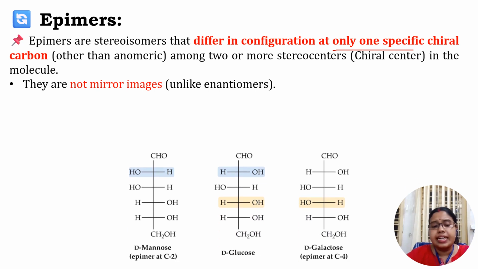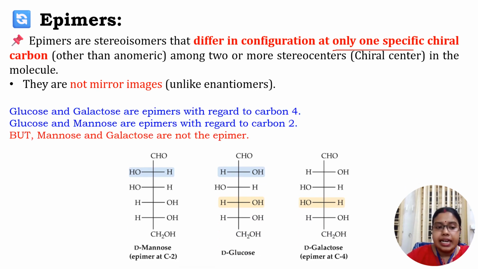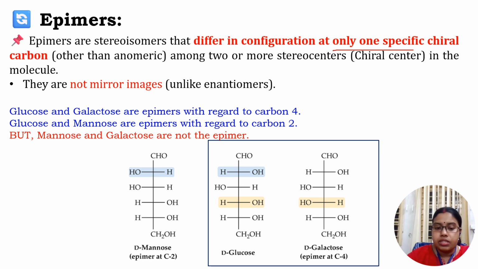So if we consider glucose and galactose, all the structure is the same except for C4. At C4 in D-glucose, H is on the left-hand side and OH on the right-hand side.